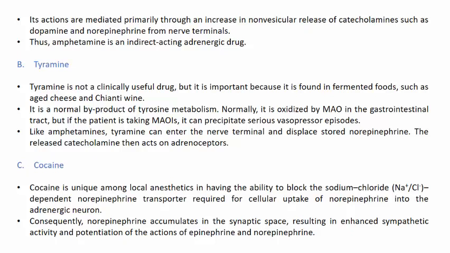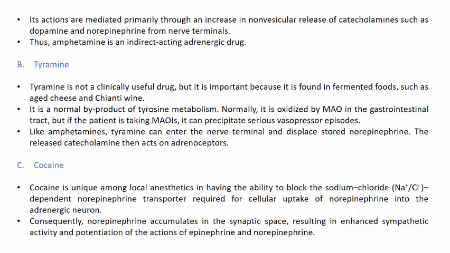Another agent is tyramine. Tyramine is not a clinically useful drug, but it is important because it is found in fermented foods such as cheese. It is a normal byproduct of tyrosine metabolism and is oxidized by MAO in the gastrointestinal tract.